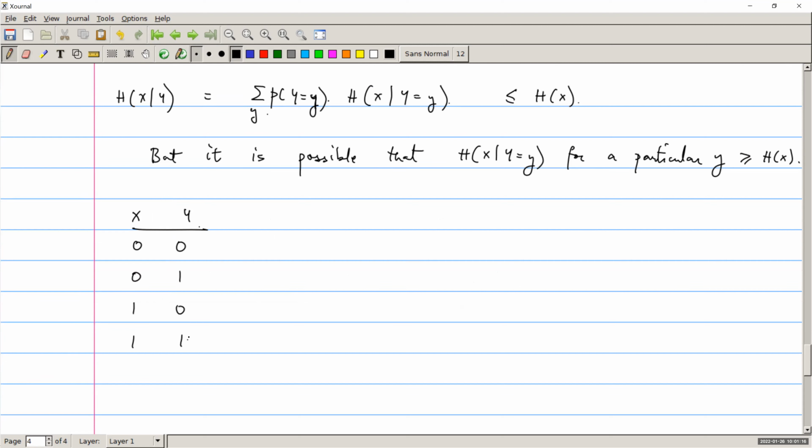When I want to condition on Y, we consider Y equals 1, and this is 1/4.